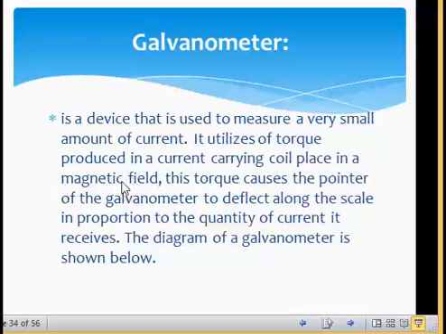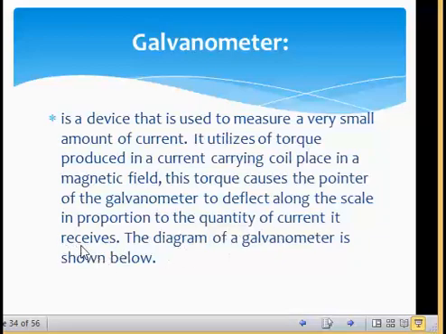Now you are bringing that coil of wire in between an external magnetic field. Due to an interaction of the magnetic field of the coil and that of the external magnetic field, there's bound to be a torque, a kind of turning effect. So this torque causes the pointer of the galvanometer to deflect along the scale in proportion to the quantity of current it receives.